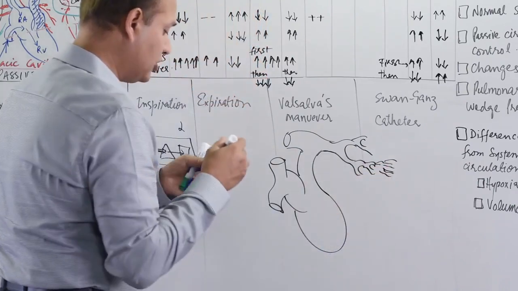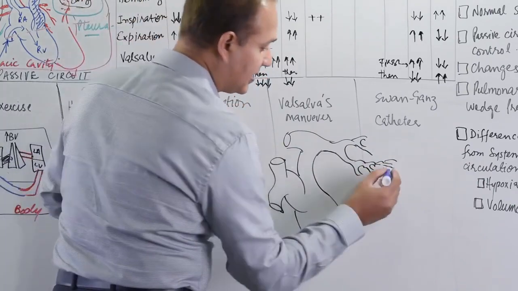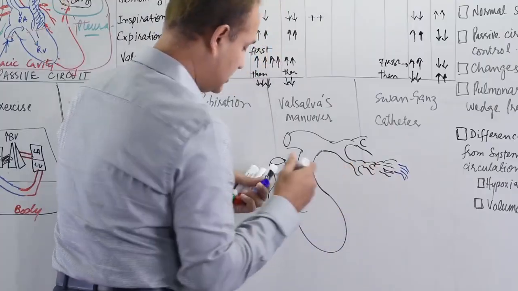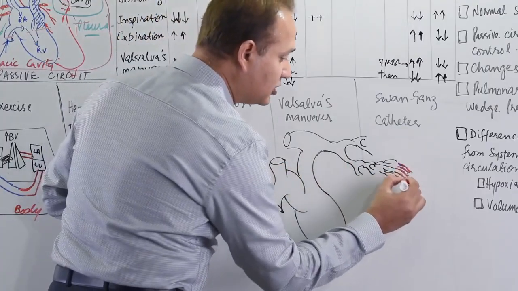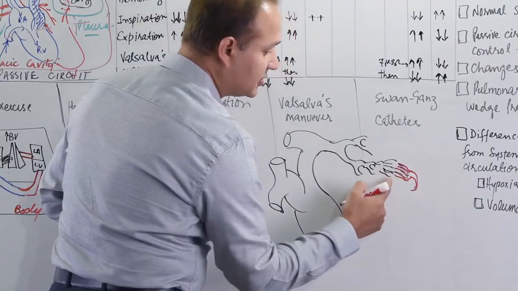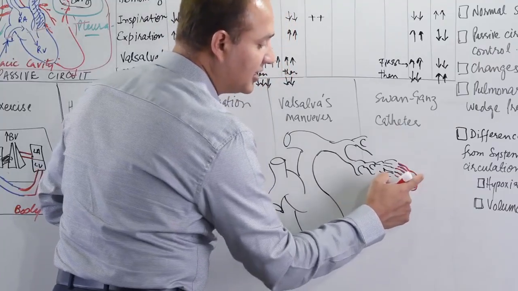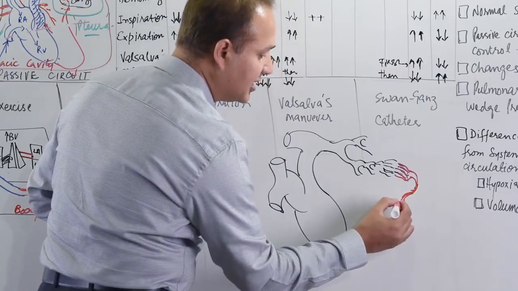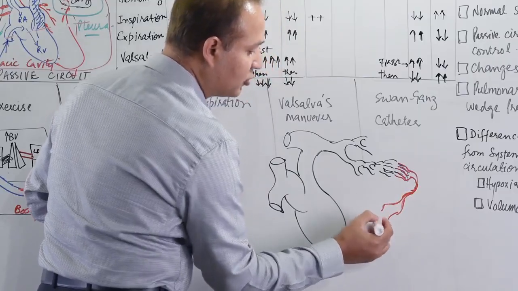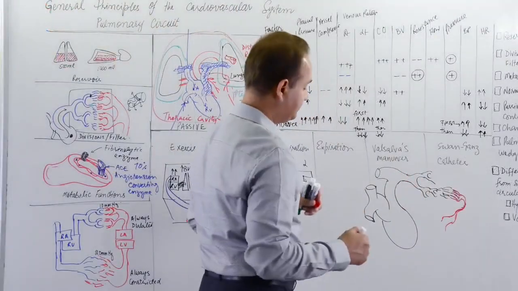Then it would become venules. These venules, I should make them red because they have oxygenated blood. This is the capillary end of the vein. Then these are the venules. The venules would collect and make bigger veins. That would finally make pulmonary vein and go back to the left heart.